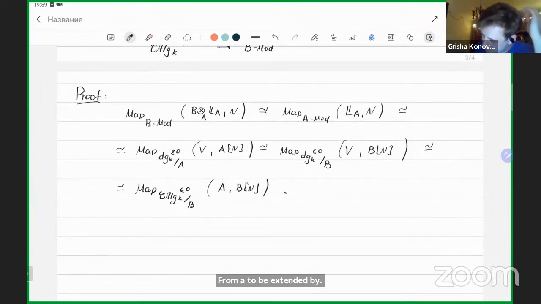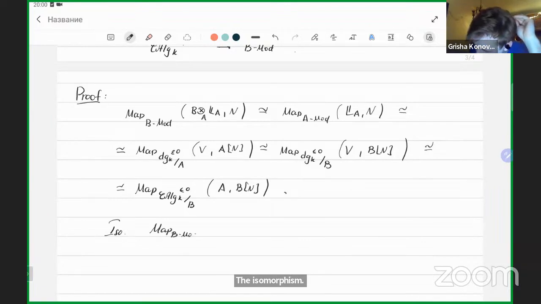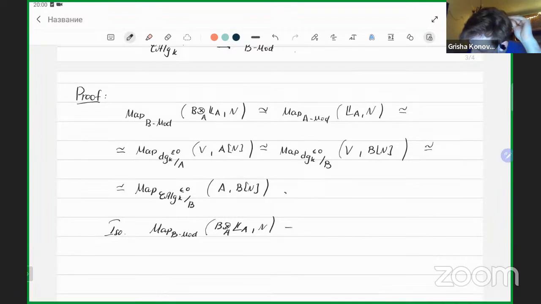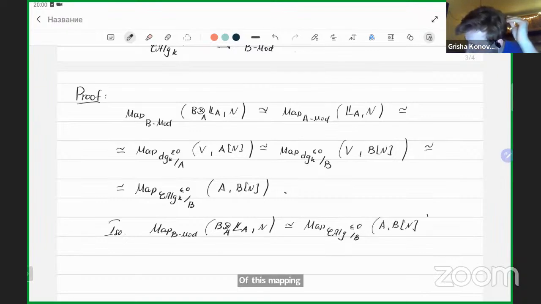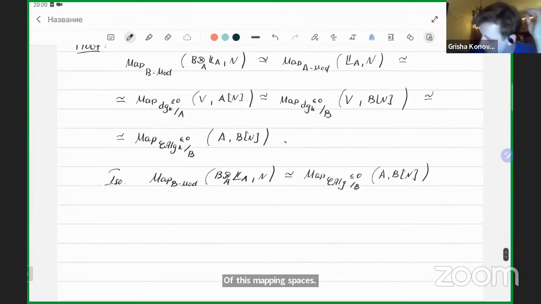And so the isomorphism of these mapping spaces gives me my functoriality.